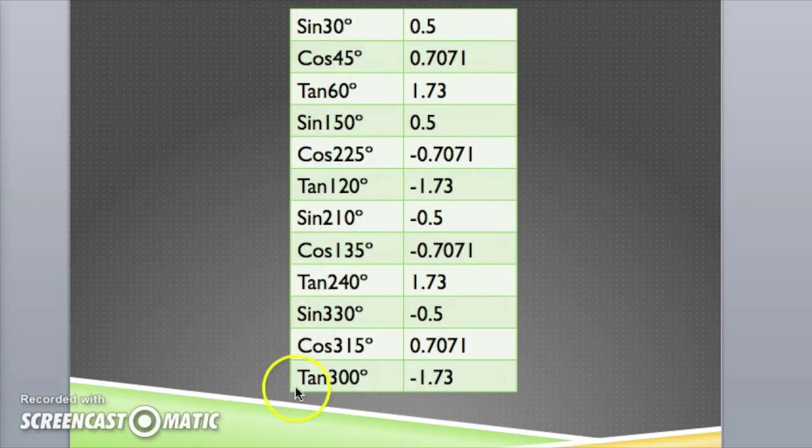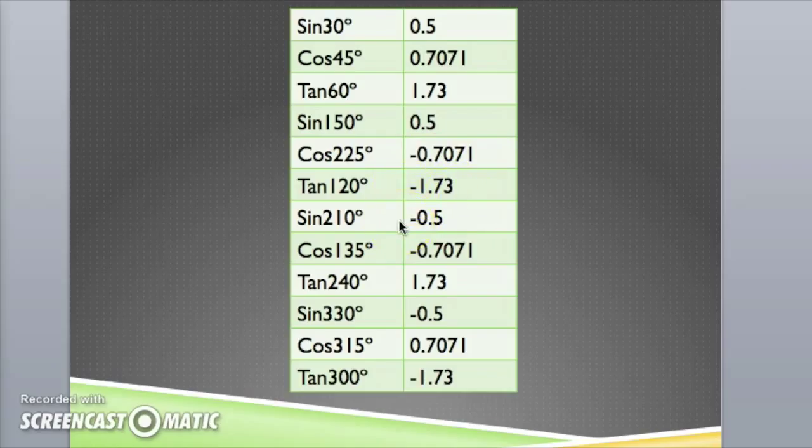We got these values with our calculator: the sine of 30 degrees equals 0.5, the cosine of 45 degrees equals 0.7071, the tangent of 60 equals 1.73, the sine of 150 equals 0.5, the cosine of 225 equals minus 0.7071, the tangent of 120 equals minus 1.73.